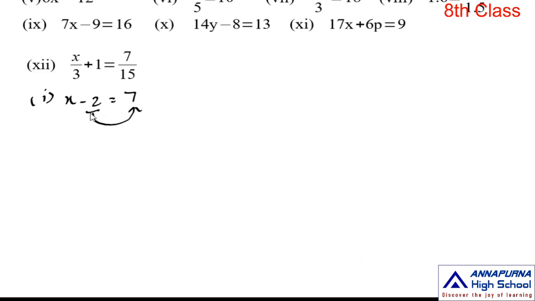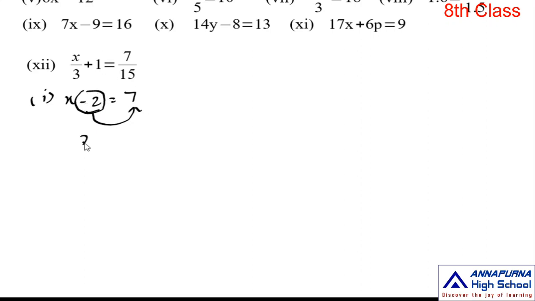This constant term is minus 2, a negative term. When you transpose this term to the right side, it becomes positive. Negative transposed to the right side becomes positive. So when you transpose this term, what do we have on the left side?